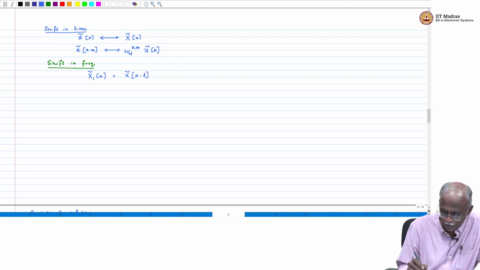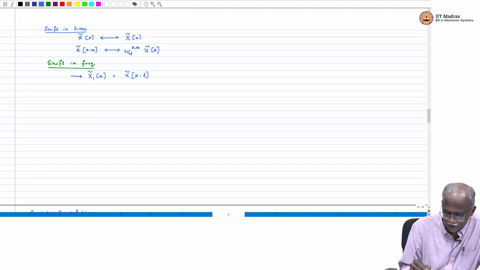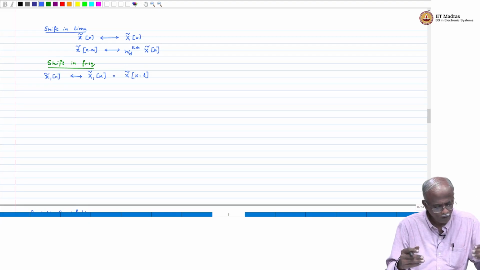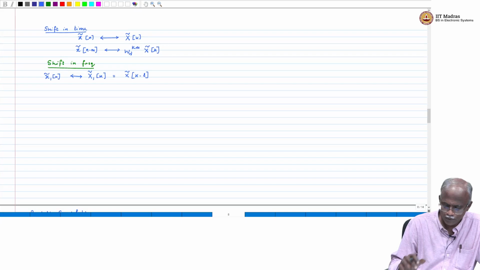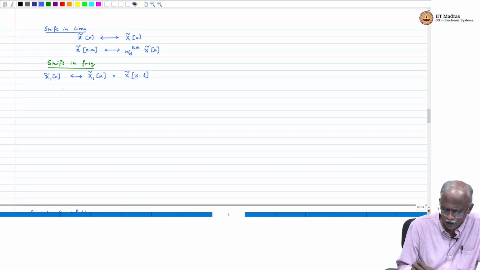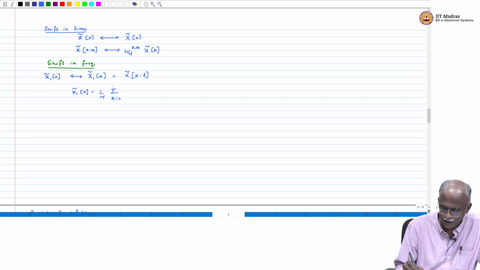Now, suppose this particular sequence X1 tilde of k corresponds to time domain sequence x1 tilde of n. We want to know what is x1 tilde of n, which produces this particular relationship. So, let us write it down. x1 tilde of n will be 1 by N summation k equal to 0 through N minus 1.